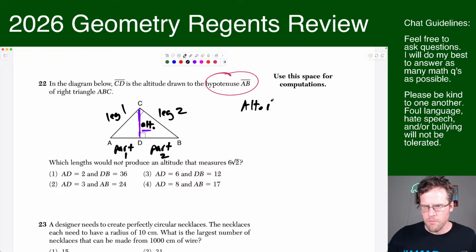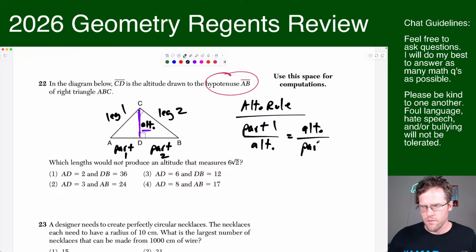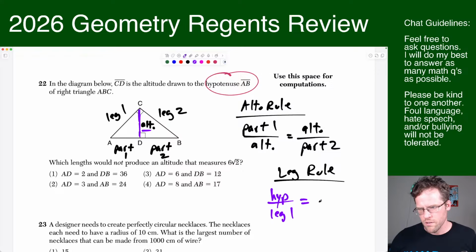I think it's easier to memorize this rule. The altitude rule says part 1 over the altitude equals the altitude over part 2. Okay, so that's that one. Leg rule, remember, don't skip leg day: hypotenuse over leg 1 equals leg 1 over part 1.